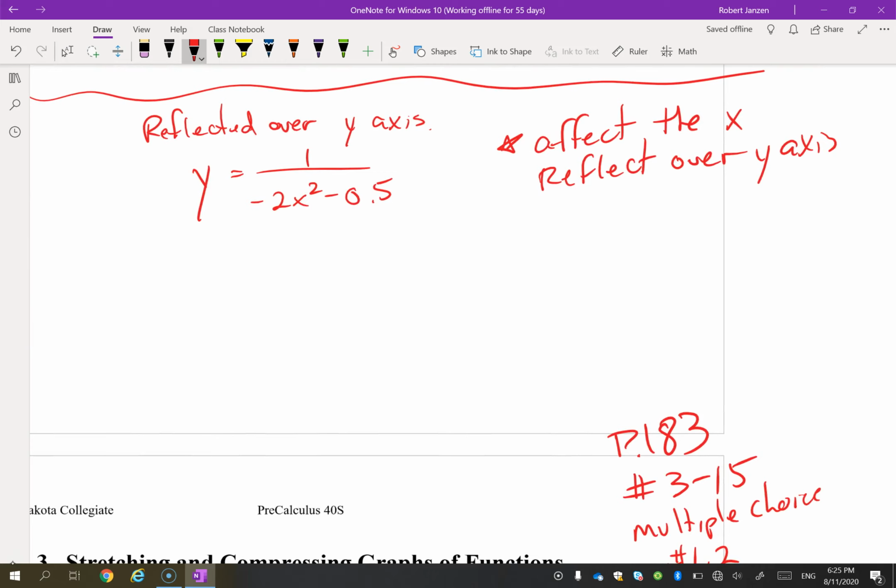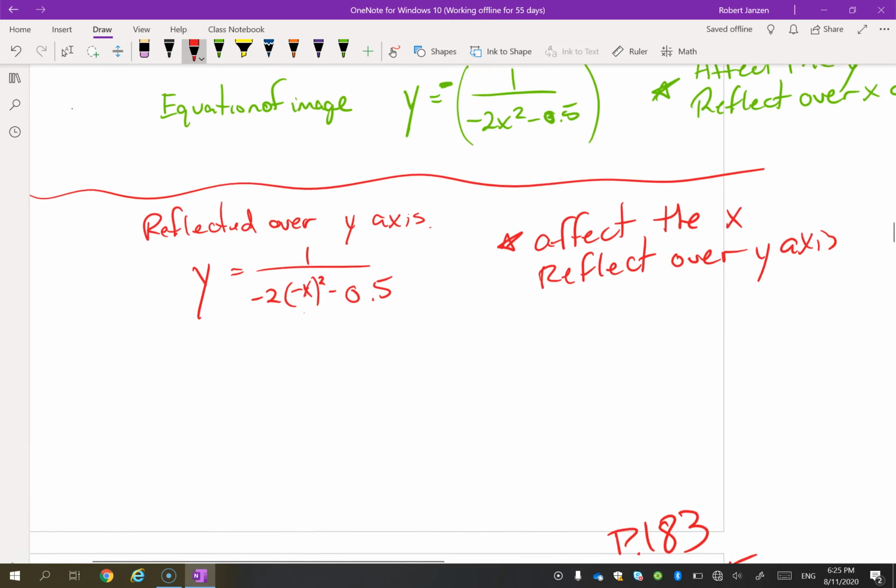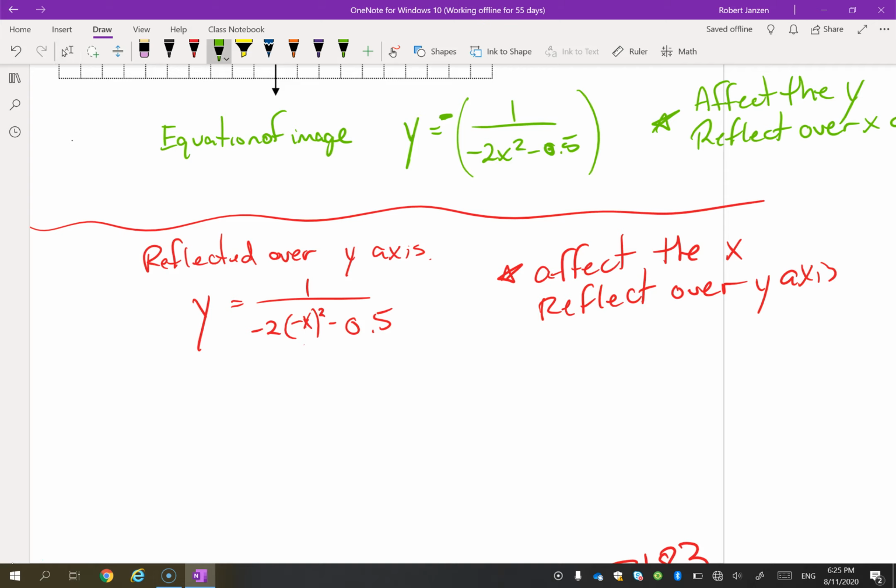So everywhere you see an x, instead of writing an x, I'm going to write a negative x. Okay, so here is the x. And instead of putting x there, I'm going to put negative x. Okay, that's all you have to do. So let's review. If I want to affect the y, I'm going to put the negative outside. If I want to affect the x, I'm going to put the negative inside. Attach it to the x.